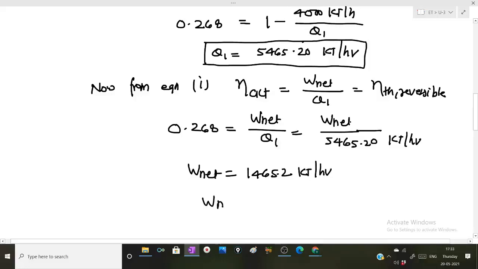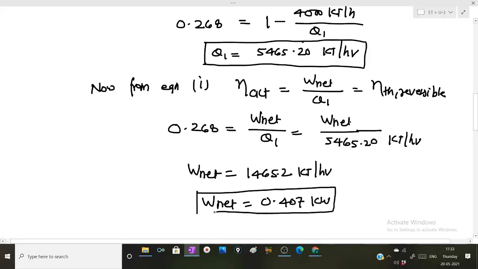Generally, net work output is calculated in kilowatt. So I will divide it by 3600. So the net work output will be 0.407 kilowatt. So this is the net power output developed by this reversible heat engine.